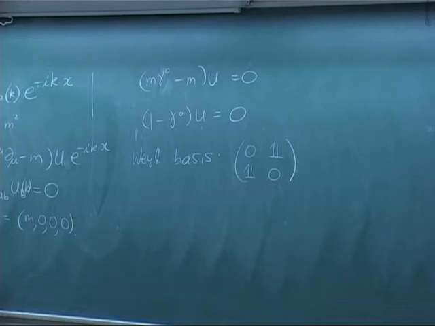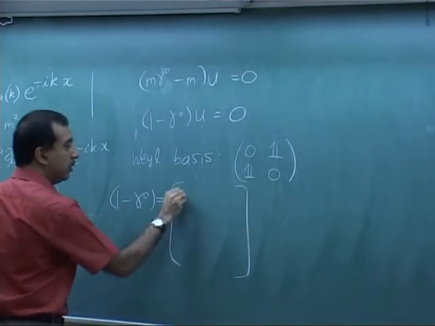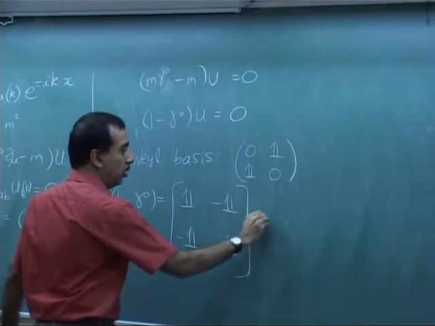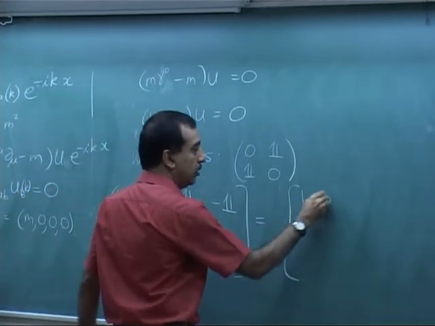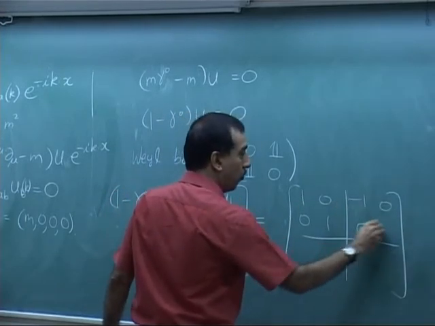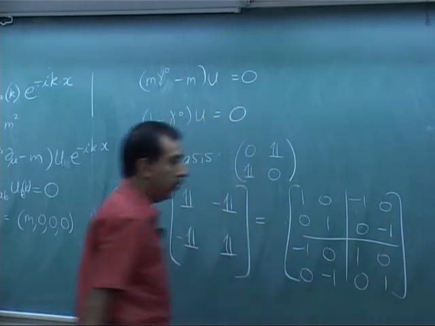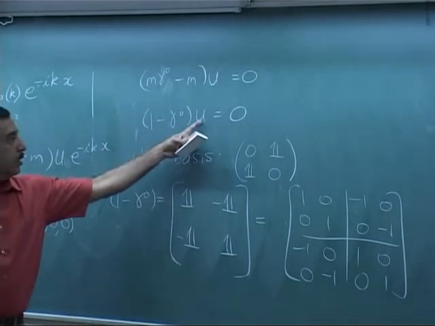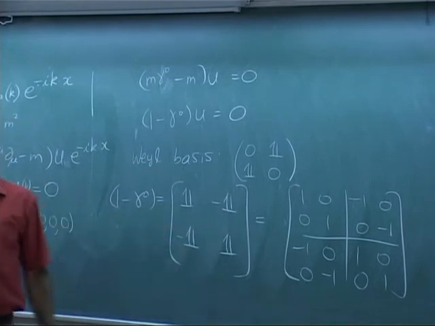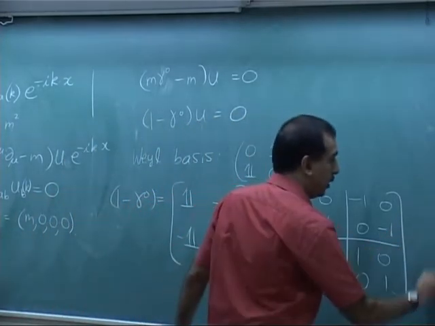Okay, so what is 1 minus gamma 0? It's the 4 by 4 matrix 1, minus 1, minus 1, 1, which you can painfully write out like this. This condition says that u is a zero eigenvector of this matrix. Now by inspection you can see what the zero eigenvectors of this matrix are. There are precisely two of them.